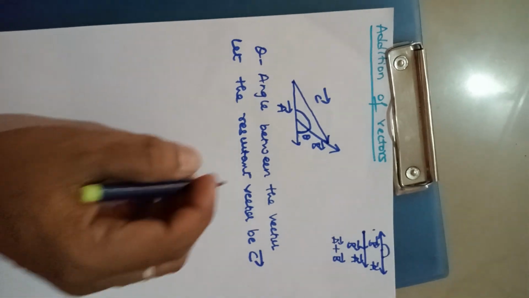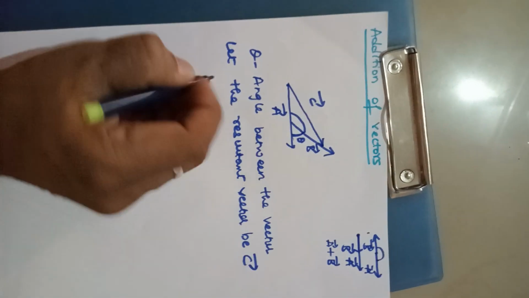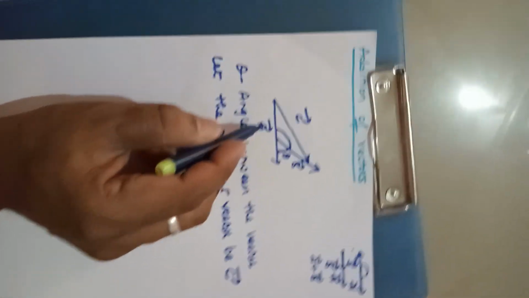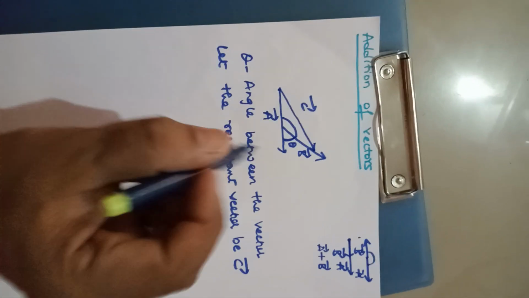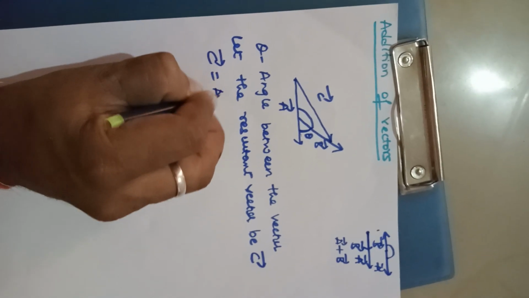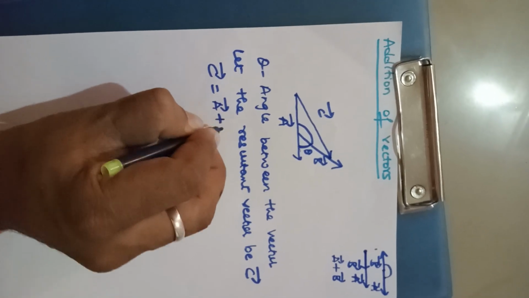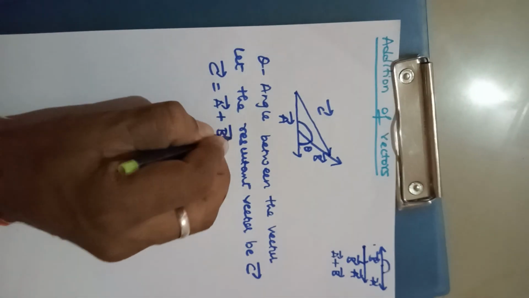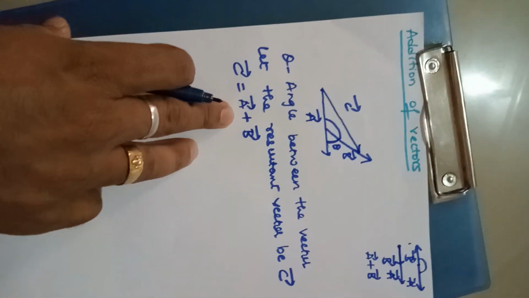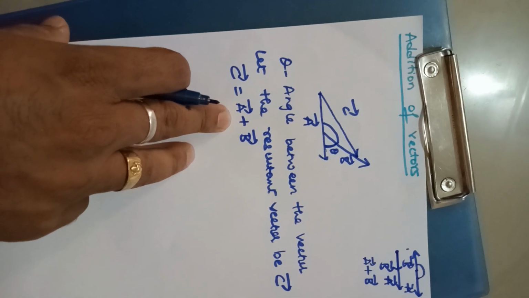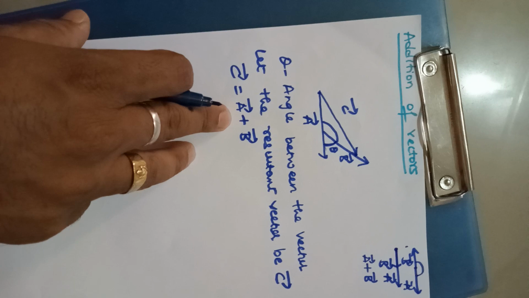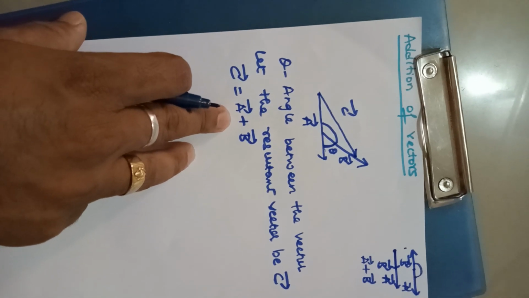Now we need to find out what is vector C. We need to tell what is its magnitude and we need to tell what is its direction. So here vector C is nothing but it is obtained by adding the two vectors A and B. How do we find it? For that we'll see how we can derive a formula to find the magnitude of vector C and the direction of vector C.